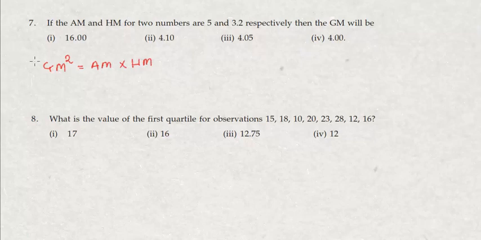So in our case, the geometric mean, which is not known to us, squared is equal to the arithmetic mean, which is given as 5, and the harmonic mean, which is given as 3.2. So it is 5 into 3.2. Now geometric mean square is equal to 16. Take the square root on both sides, then the geometric mean will be 4. So in this case our answer is 4.